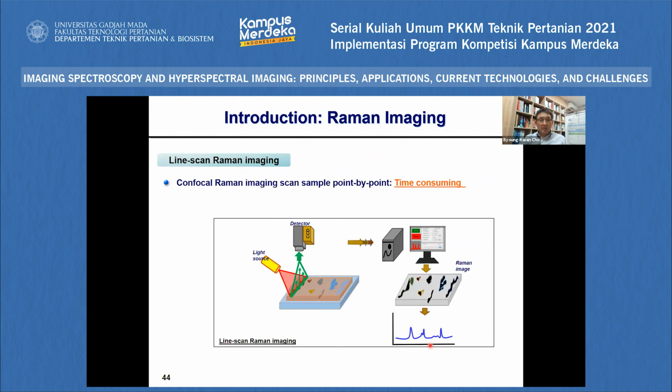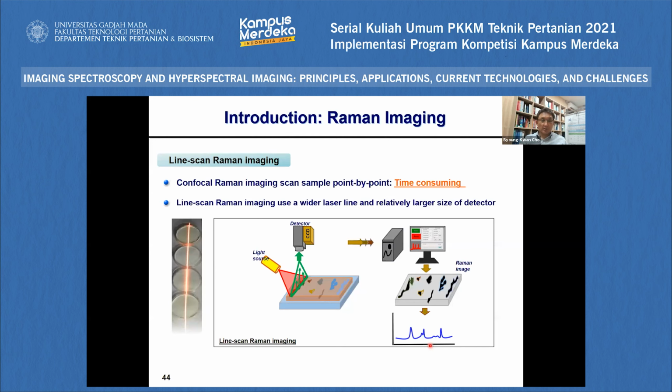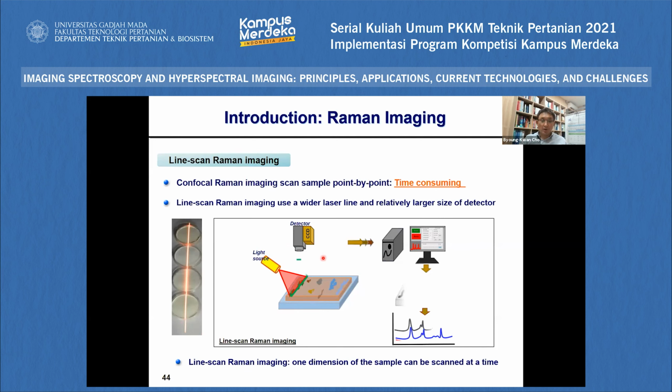Okay, so we constructed the Raman imaging system for wide range scanning. We made a special laser like this one. The laser is a line laser because we try to scan a wide area.